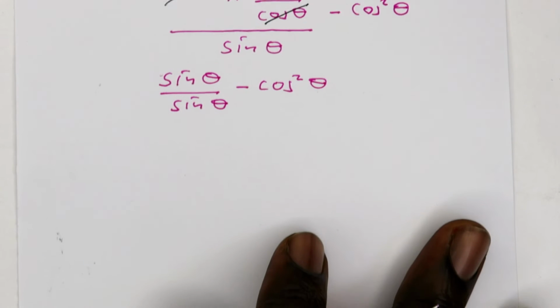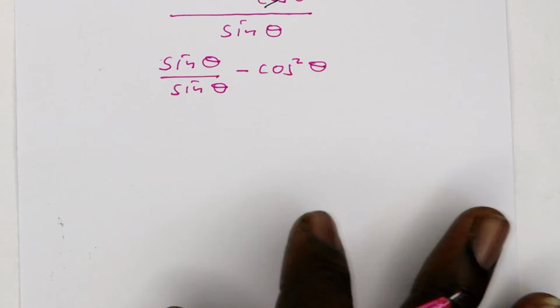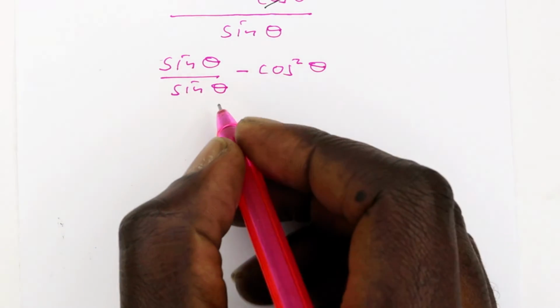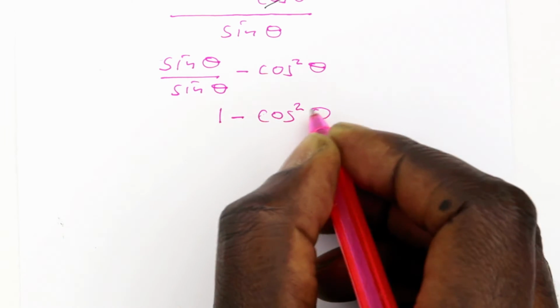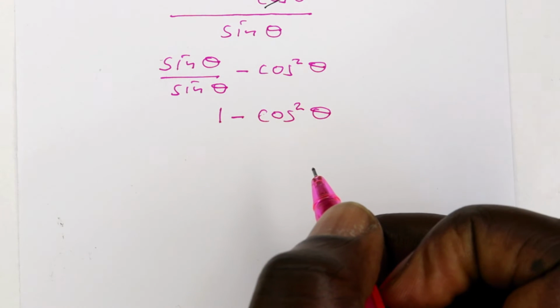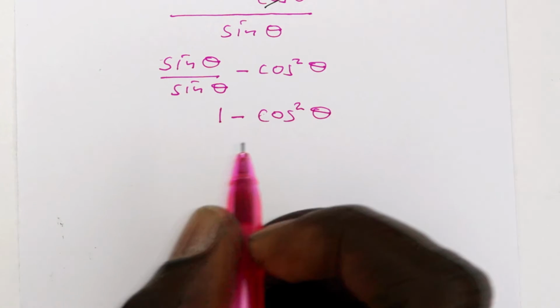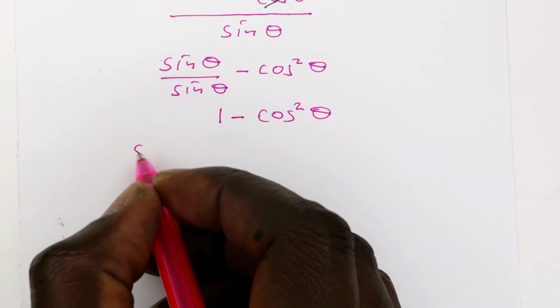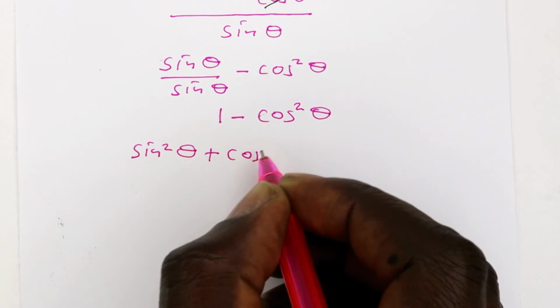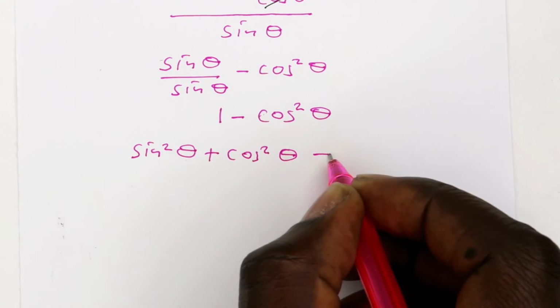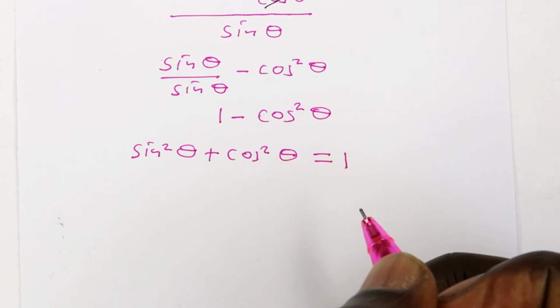So you can see that sine theta and sine theta will cancel, so that we are left with 1 minus cos squared theta. And if you remember the trigonometric identity, if you have sine squared theta plus cos squared theta, that is the same as 1.